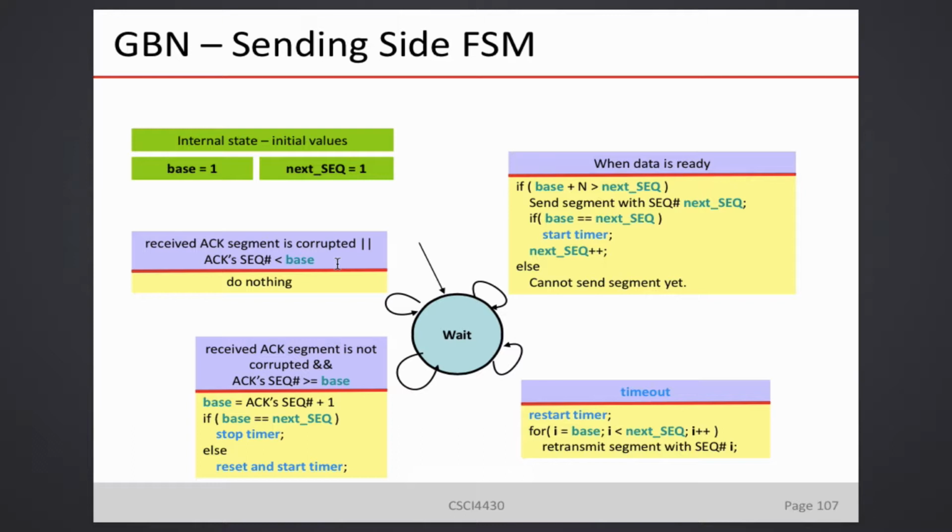Whenever acknowledgement N is received at the sender, it means that all packets with sequence number smaller than or equal to N have been safely delivered to the receiver side. So this is a very strong protocol, right? How strong is it?